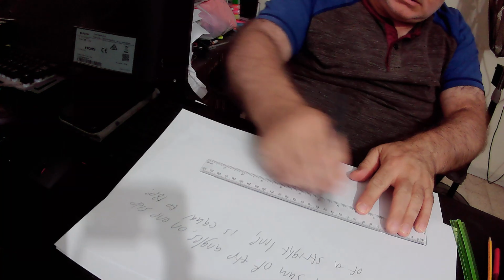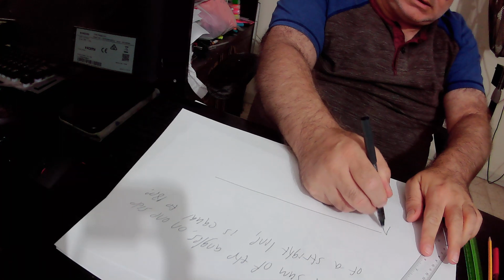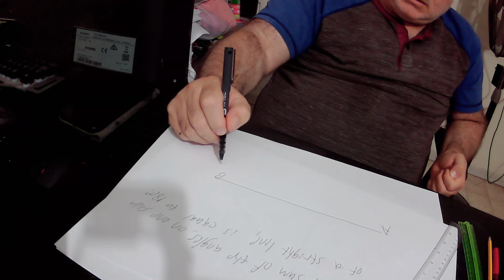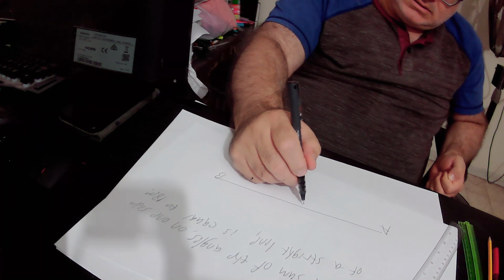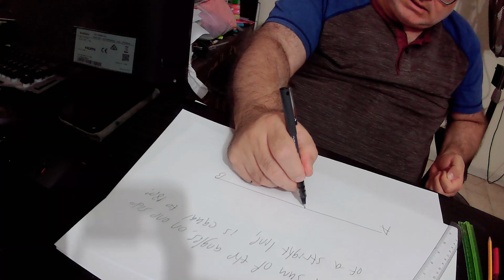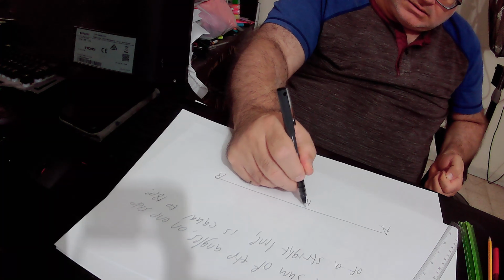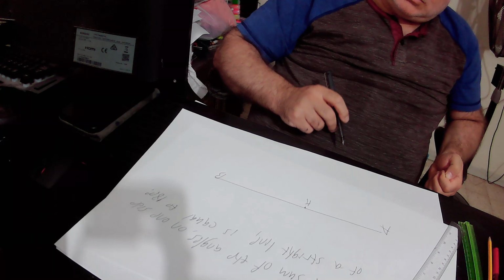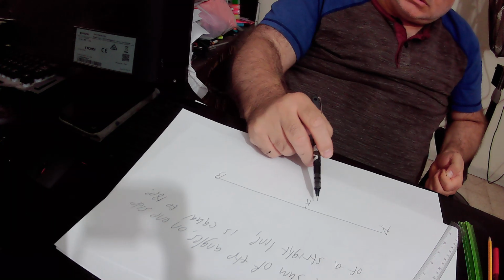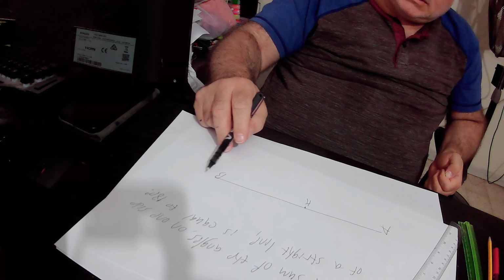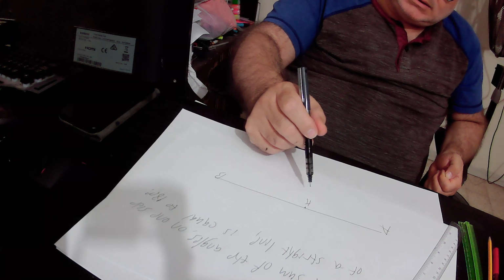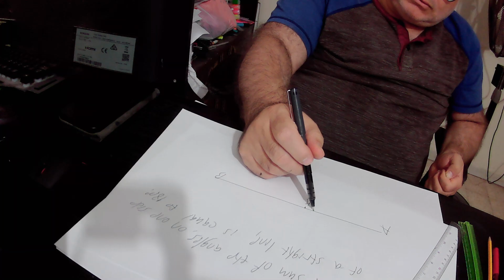So actually, if we have a straight line, this line segment AB is a straight line, and we take this point K. If we focus on the upper side of the straight line AB at point K, the sum of the angles must be equal to 180 degrees.